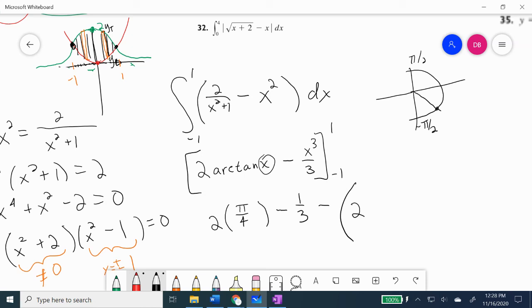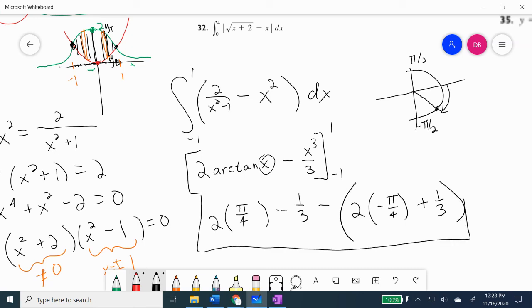Tangent is equal to -1 at negative pi over 4. Minus, and then plugging in a negative 1, I will get a negative 1/3, so I'm changing that to a positive. I'm going to let you finish up the arithmetic from there, and I'm going to move on to the next problem.